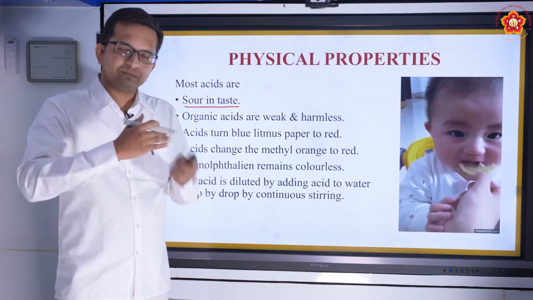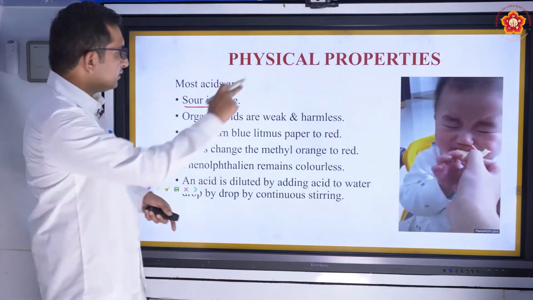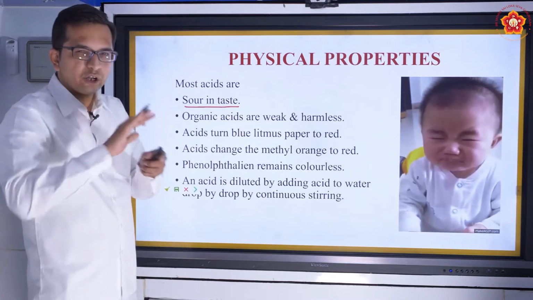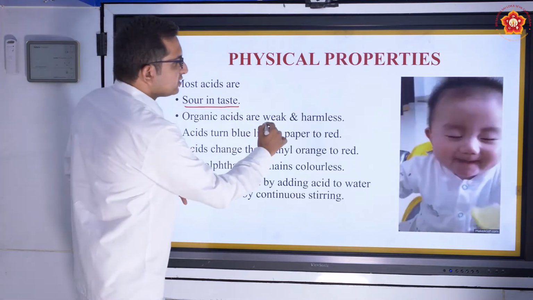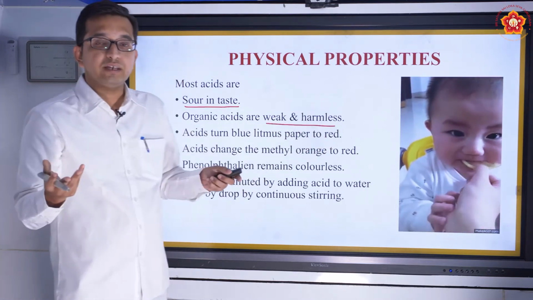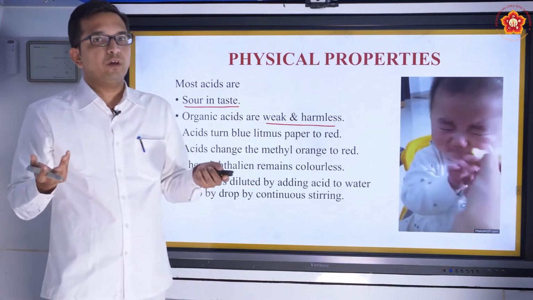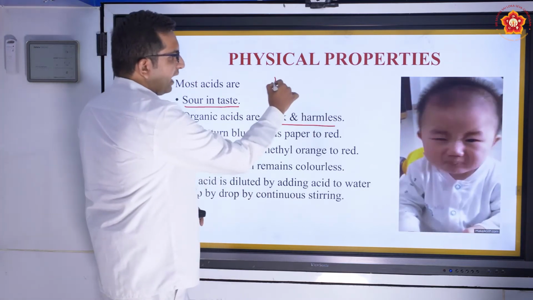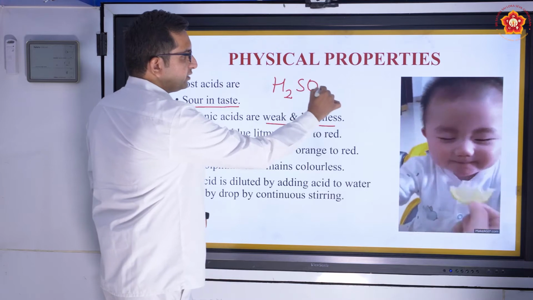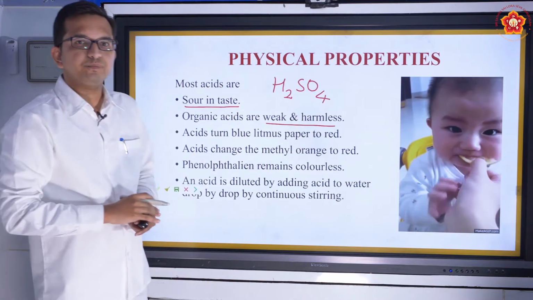Which acid is present, let's see at a later stage. These are sour in taste, generally all the acids. Organic acids are weak and harmless. There are some acids which are very strong, for example sulfuric acid, which is H2SO4.